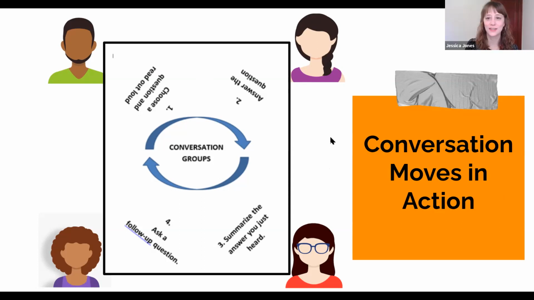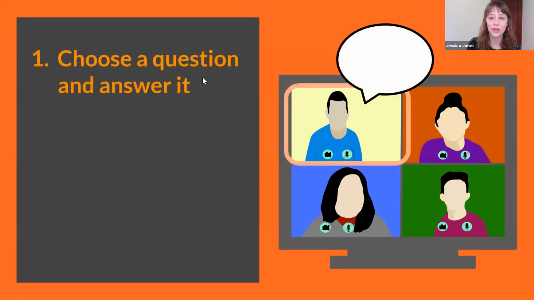Okay, so what we're going to do next is give you an opportunity to experience this as participants, because what better way to learn than by doing? So you'll receive a couple of questions, and when you get into your small group, one person is going to choose a question and answer it, and you can decide who's going to go first.